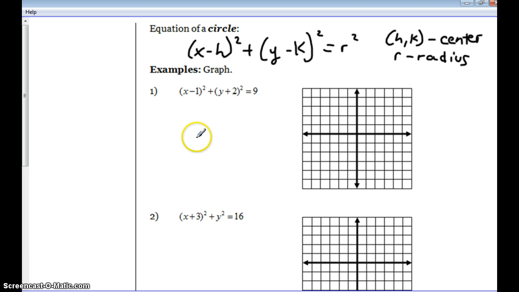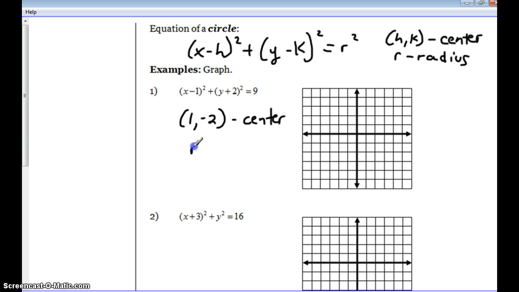Let's start with the first example. Notice how, just like in vertex form for a parabola, we have a minus inside both parentheses here, so you'll have to change your signs when you pull them out. Our center for the first example would be (1, -2).